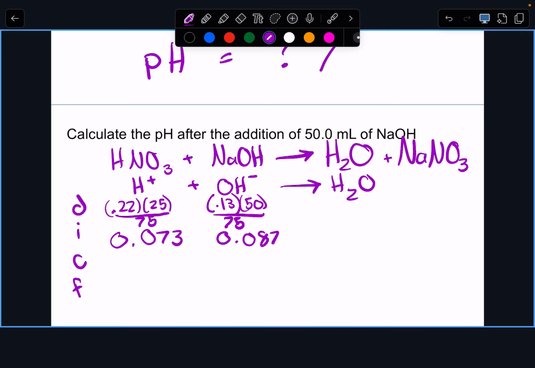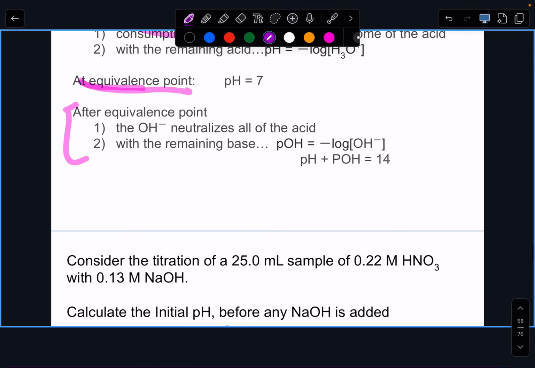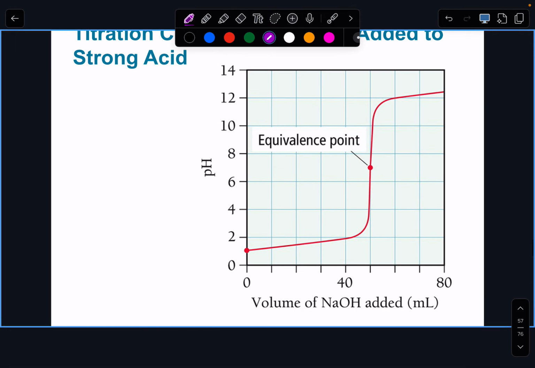Okay, let me just say something first before we finish it up. Let's look at the curve. We were doing calculations here on Monday, then we did this one this morning, and now we're doing one up here, after the equivalence point. These are pretty much the same approach.